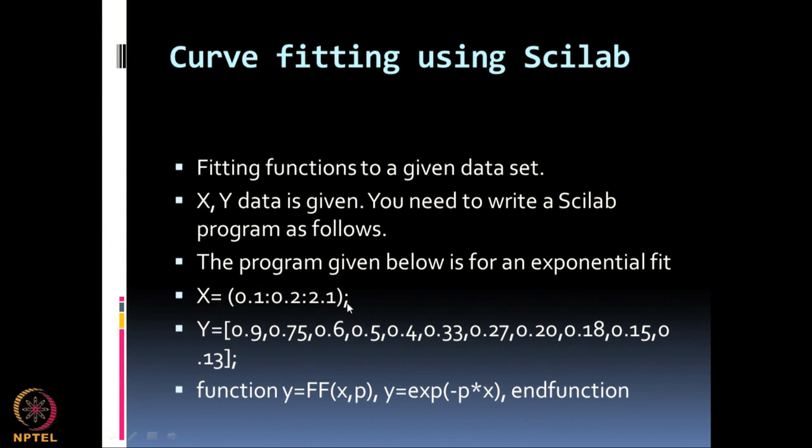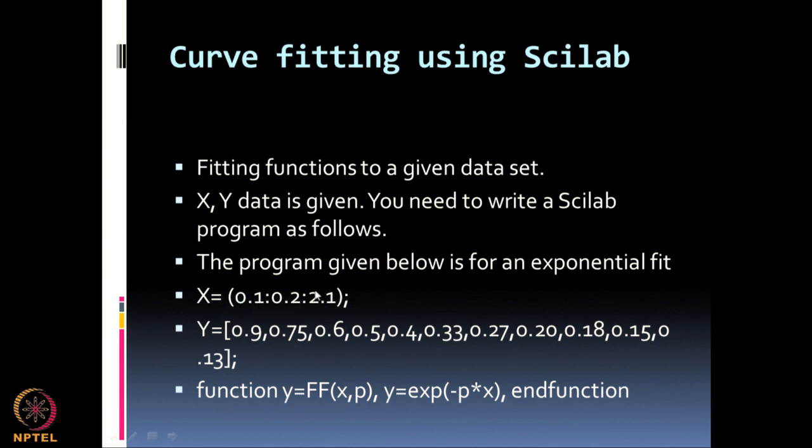What is my data now for this exponential fit? x is an independent variable, it goes from 0.1 starting value colon 0.2, this is the spacing, colon 2.1. Okay. So, starting point is 0.1, last value is 2.1, spacing is 0.2. So, you will have as many values, 0.1, 0.3, 0.5, and the last value will be 2.1.